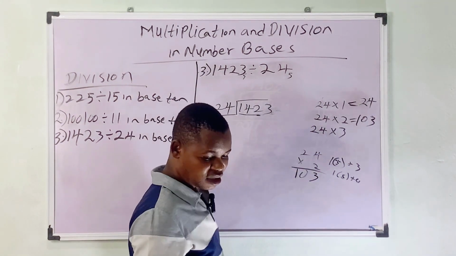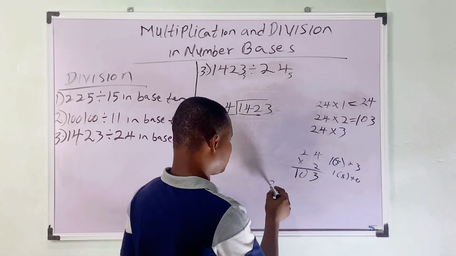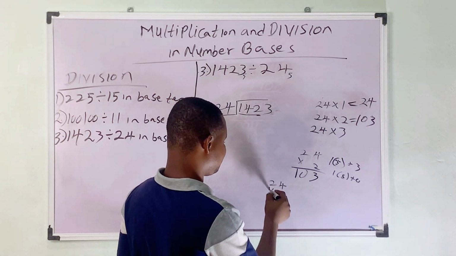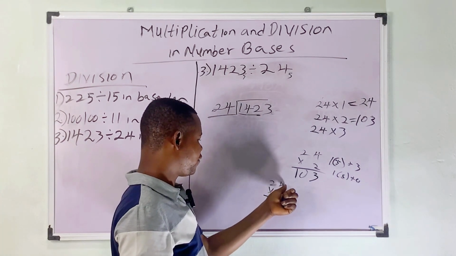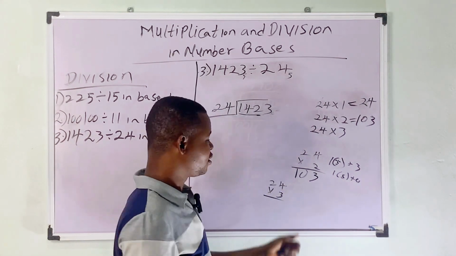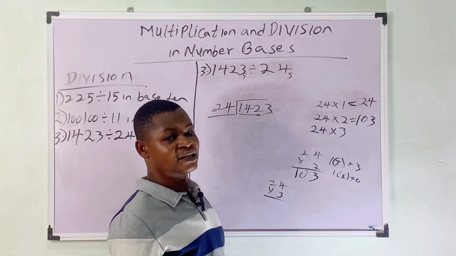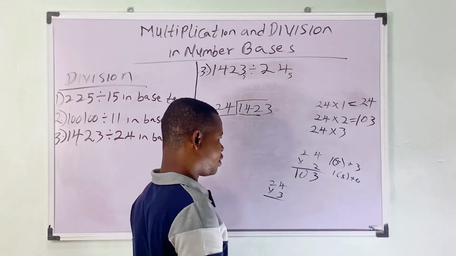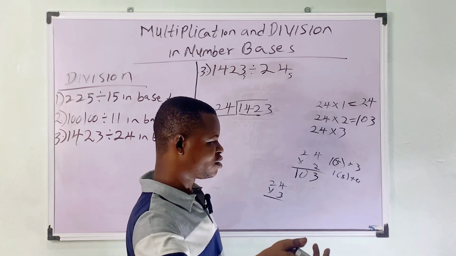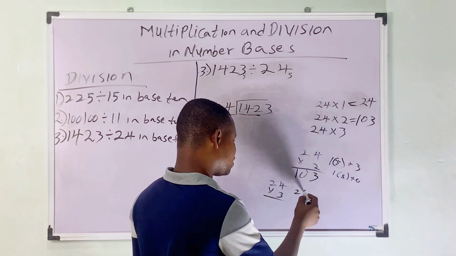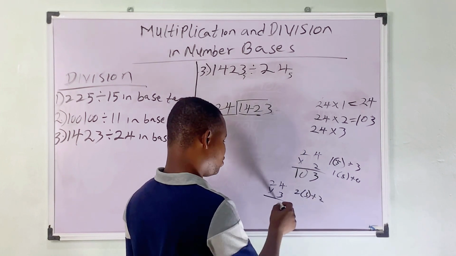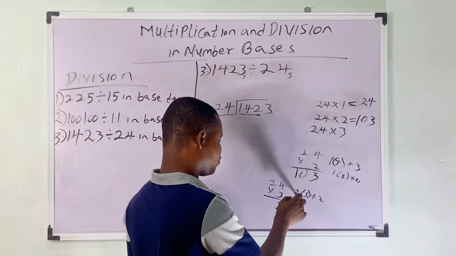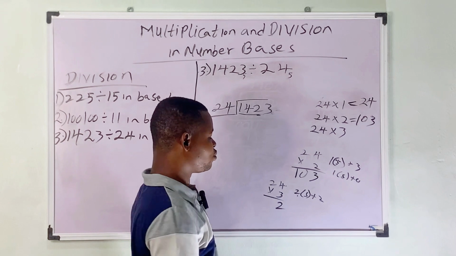Now let's check the second. 24 times 3. 4 times 3, that's 12. 12 is higher than the digit you can find in base 5. So how many 5 are we going to see in 12? That's 2. That means we have 2 sets of 5. Then with remainder 2, we write the 2. We have 2 outside. 3 times 2, that's 6.